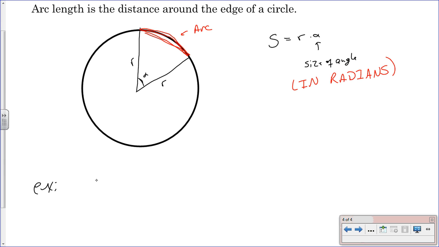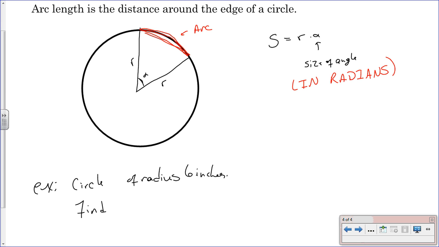Say we have a circle of radius 6 inches.